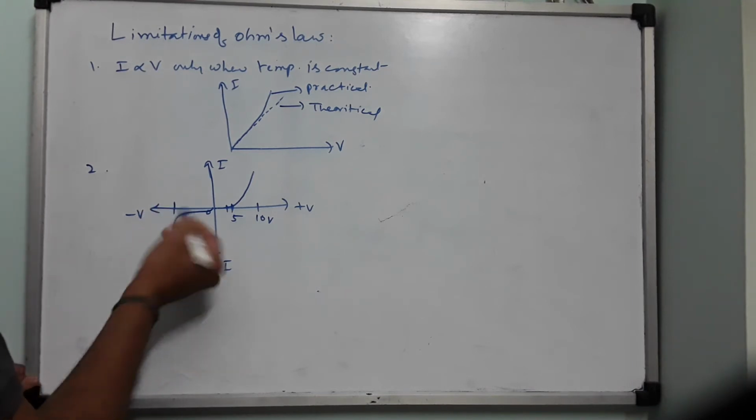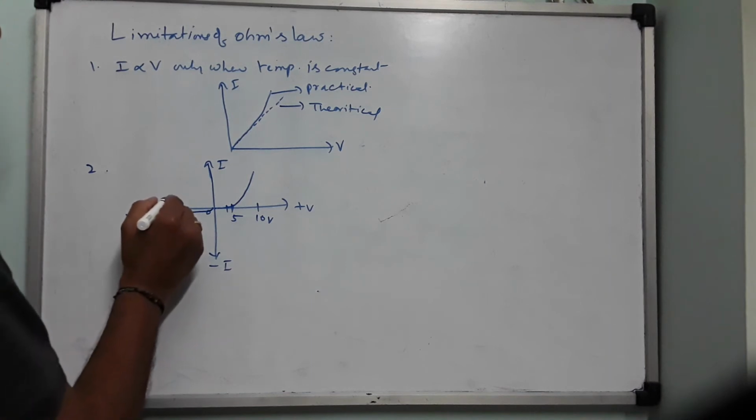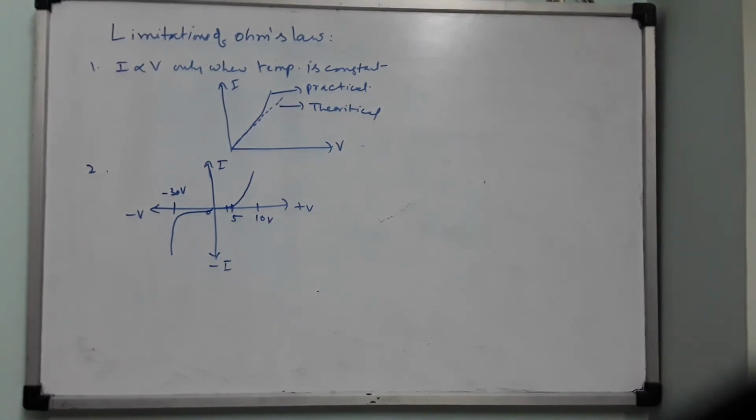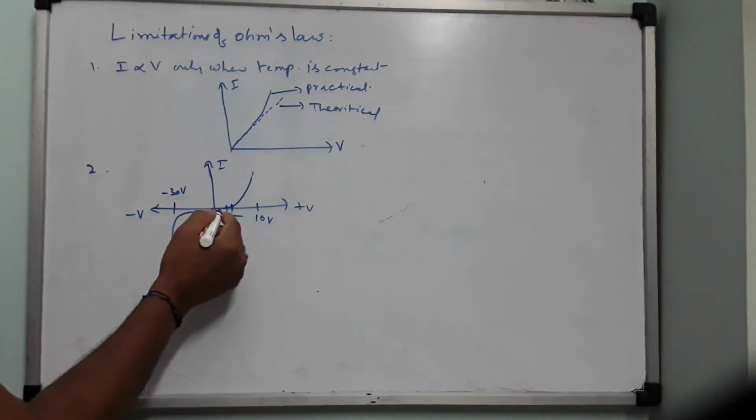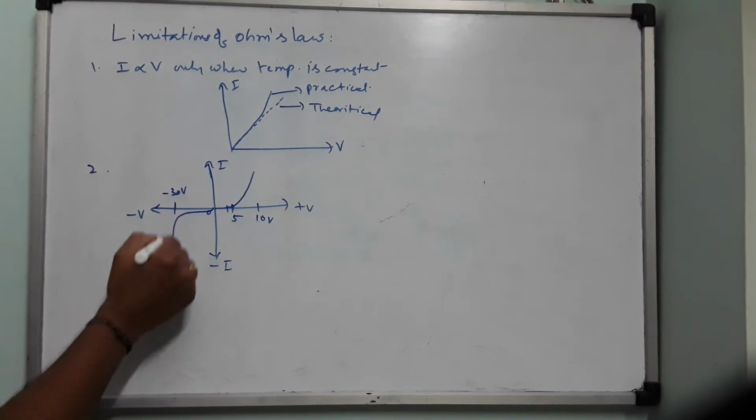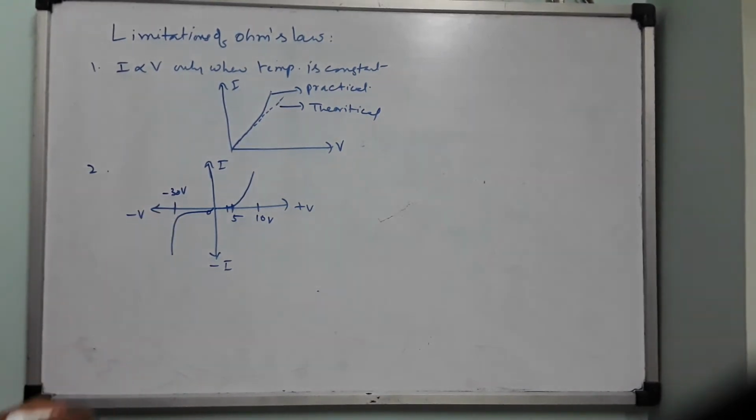This is at a very large value, maybe some 30 to 40 volt. So at 5 volt you are recording a sharp rise in the current, while here at minus 30 volt you are recording a sharp rise in the reverse current.